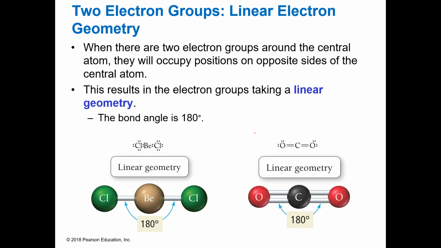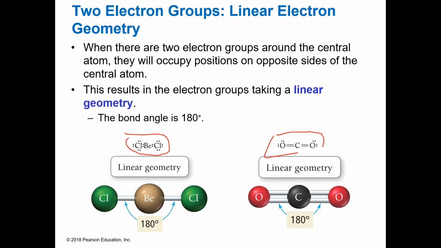Let's say we have 2 electron groups. So here are our 2 examples. This one and this one. Again, we're only focused on the central atom. Beryllium here has 2 single bonds. Each one is an electron group, so it's 2 electron groups. Carbon has 1 electron group here, the double bond, and 1 electron group here, the other double bond.